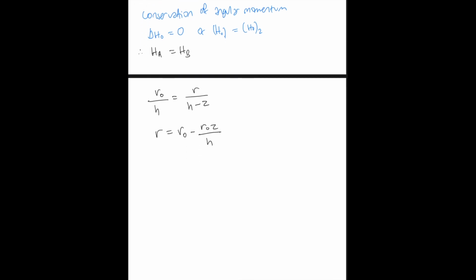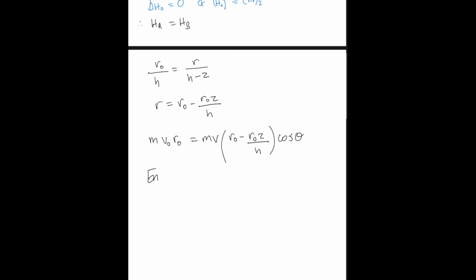Now that we've got both, we can plug in our angular momentum equations. So it's going to be mv naught R naught is equal to mv R, which is R naught minus R naught Z over H, cosine theta, because it's at an angle.